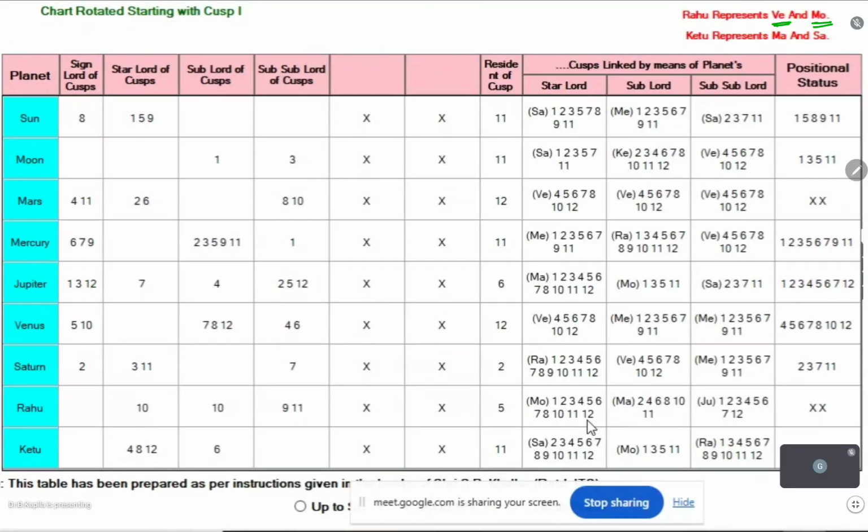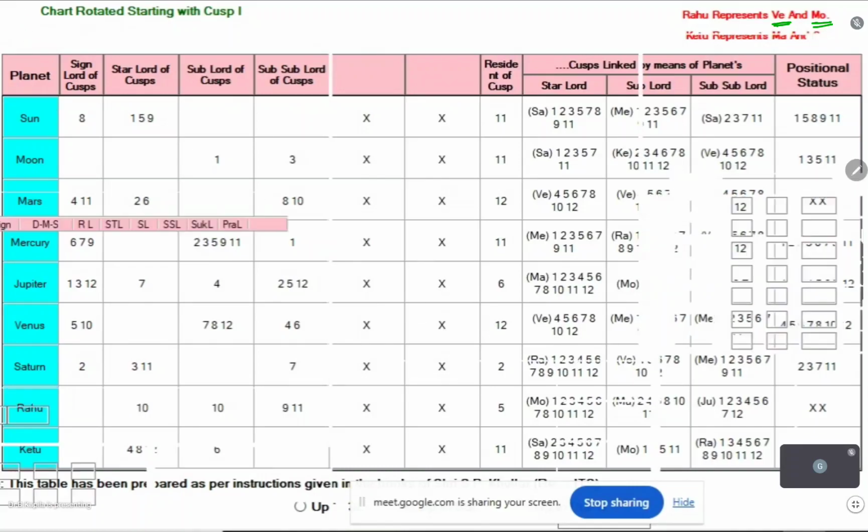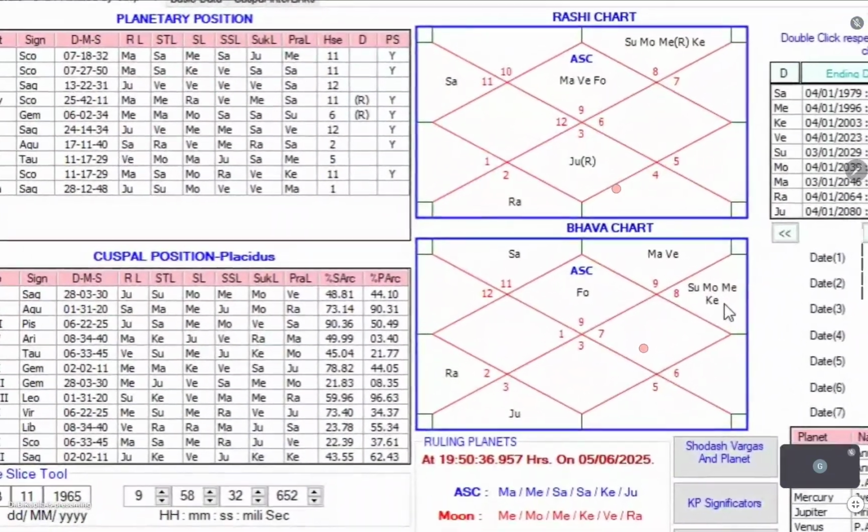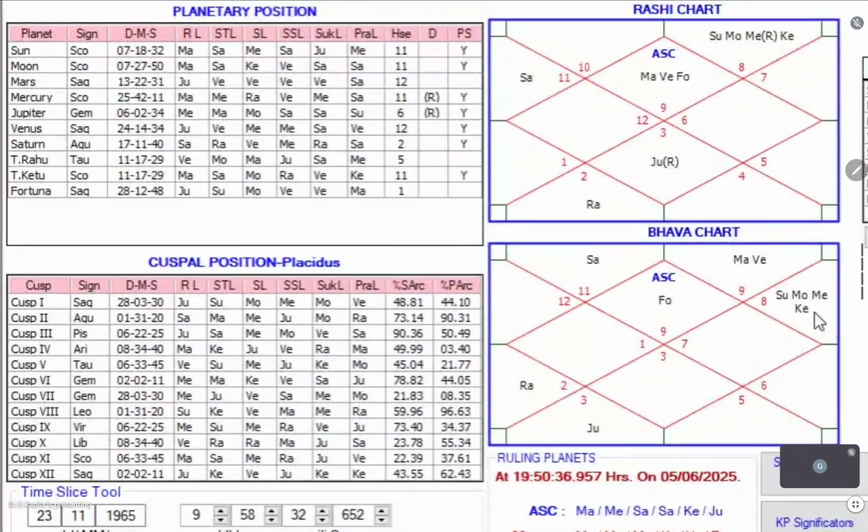Moon has PS. That's why, since it is represented by Rahu, we are adding Rahu's position also, position 5. There is no PS for Rahu as a virtual representative; without PS, you need not go there.